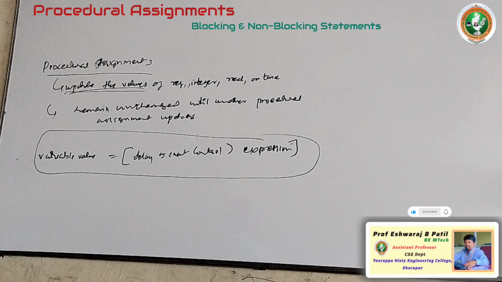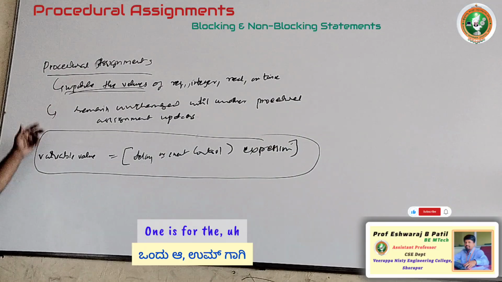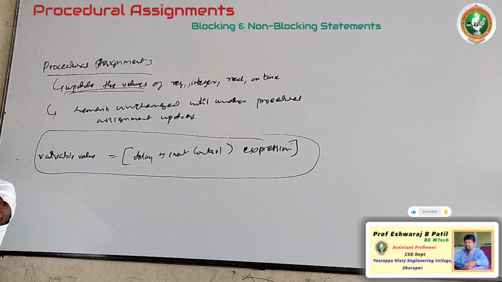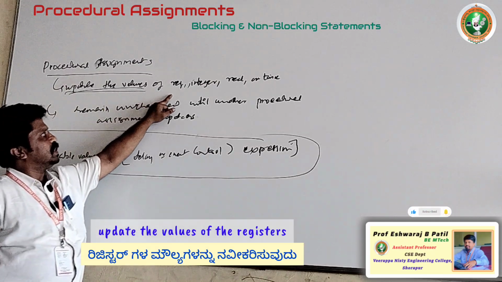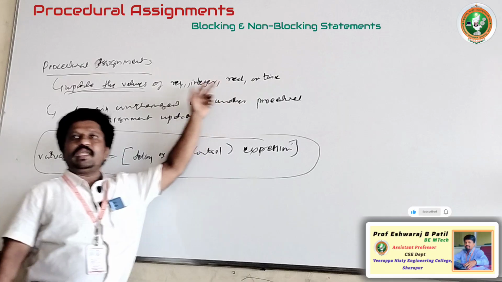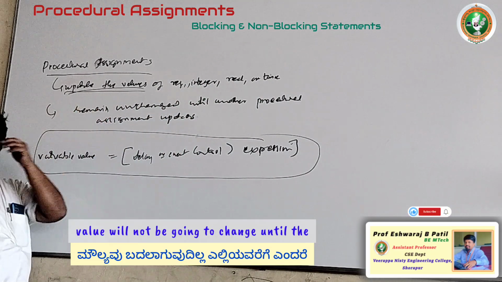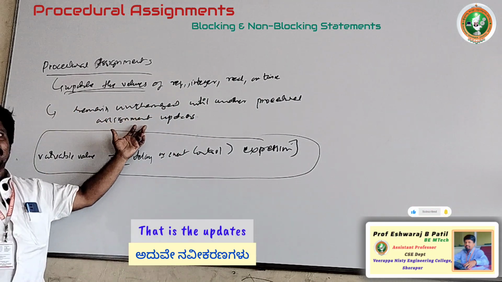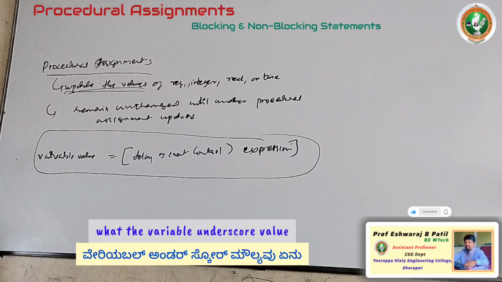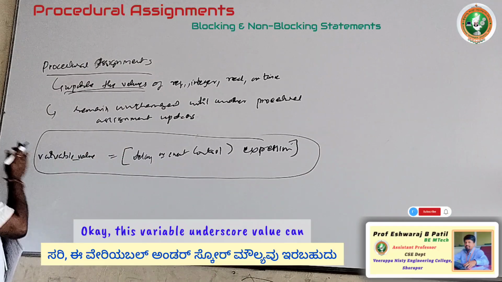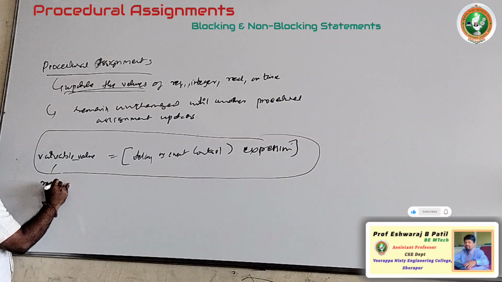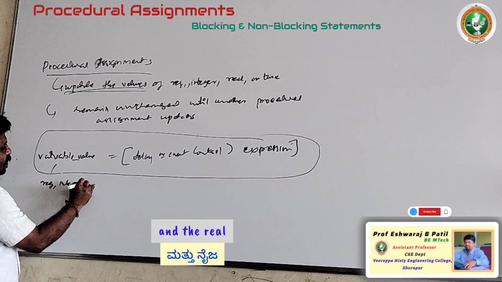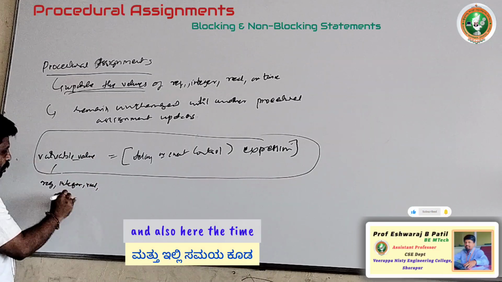The procedural assignments update the values of registers, integer, real, and time. These values will not change until another value comes and sits. The syntax is variable underscore value, which can be register, integer, real, or time.